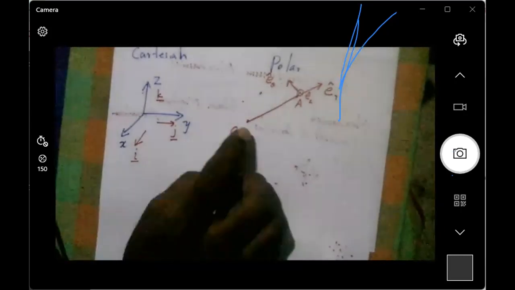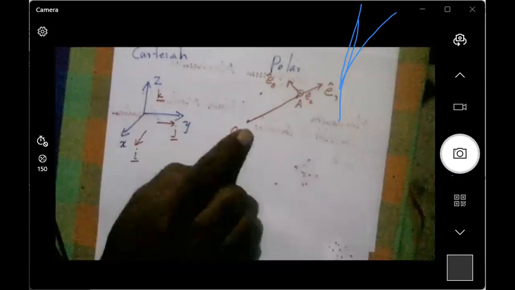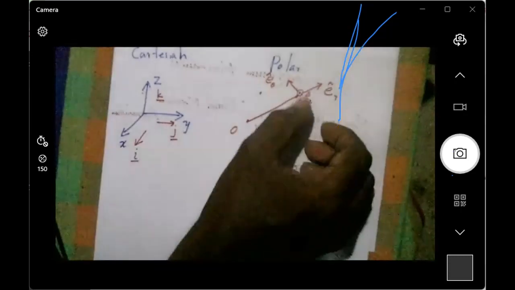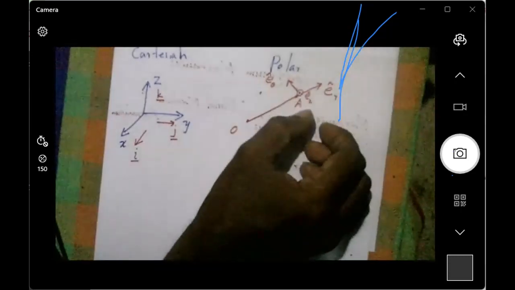So the polar one is not clear. Polar here is not the spherical polar coordinates, right? What you do is you have an origin point, same as here. This is a fixed point. Suppose your particle is at point A. From O to A, you can define a vector, the position vector.